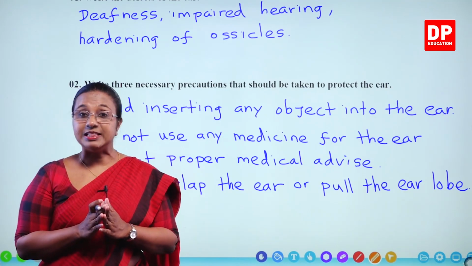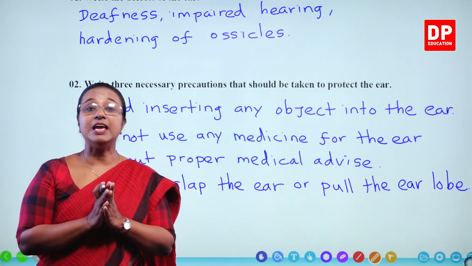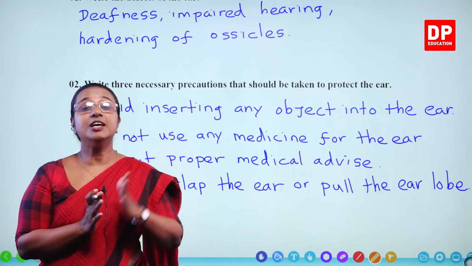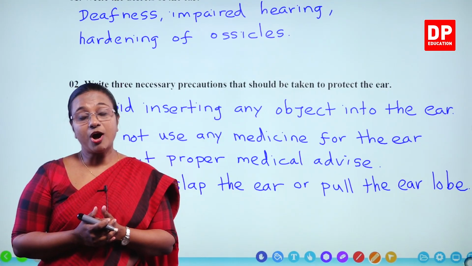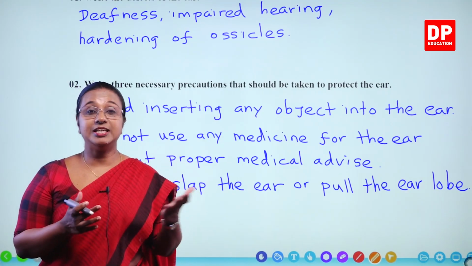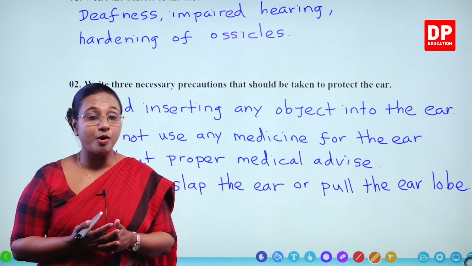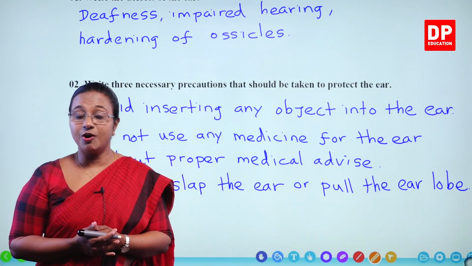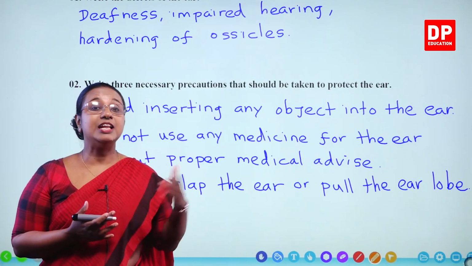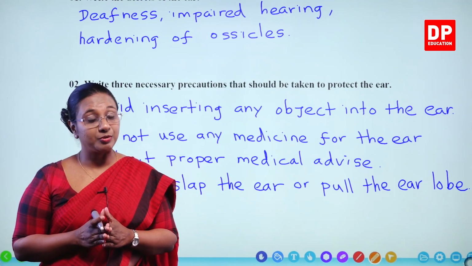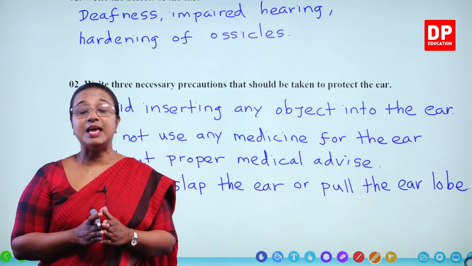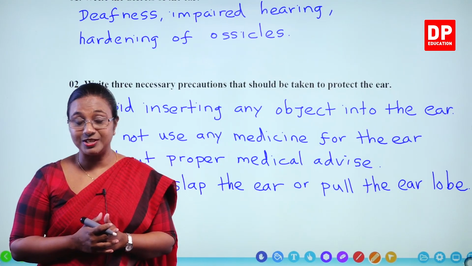So I'm sure with that knowledge, you should be able to care for the health of your eye as well as your ear, because you know how important these 2 sensory organs are. So with that, you have to practice more questions so that you will be able to answer any type of question easily.